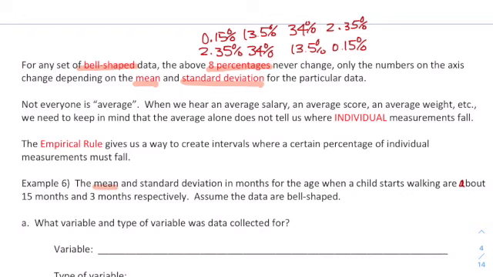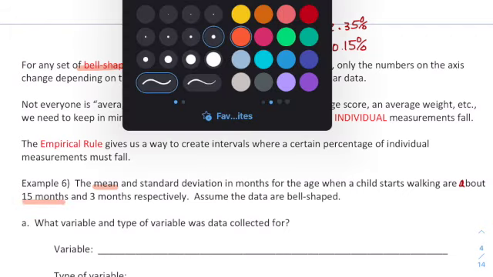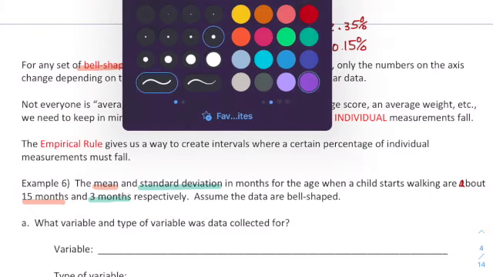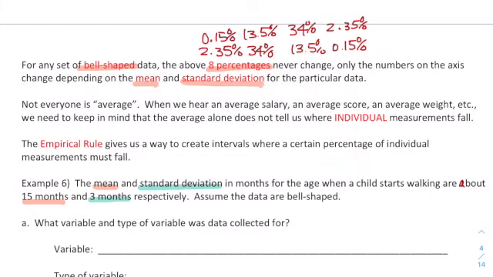The mean, they give it to you already. The standard deviation, 3 months. And one more important thing, the data are bell-shaped. All the things we need to construct our empirical rule bell-shaped curve are all there.